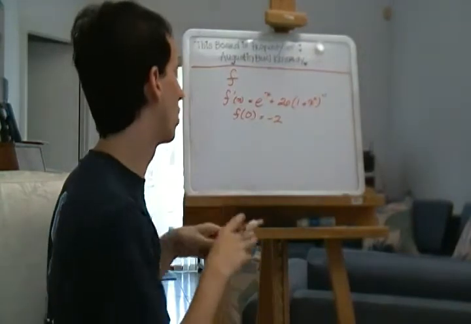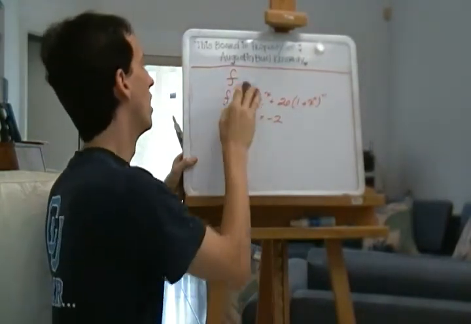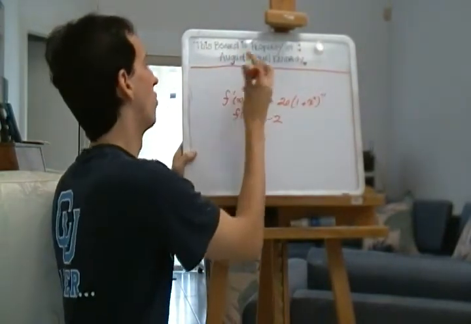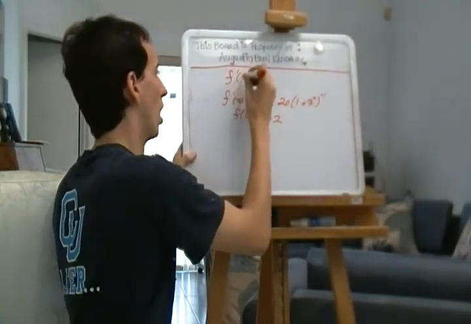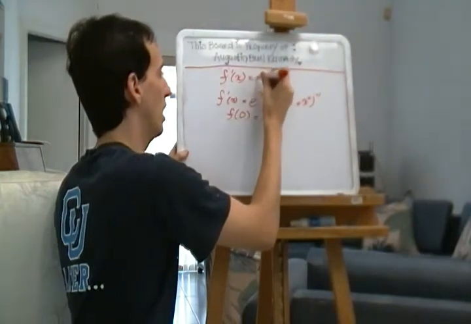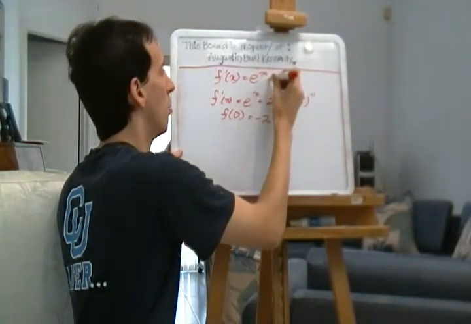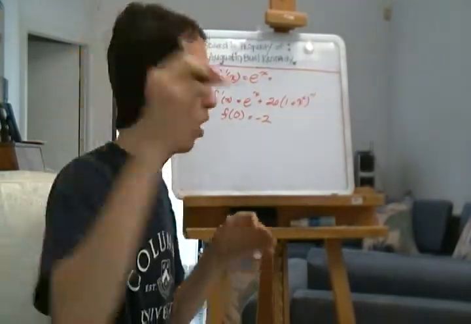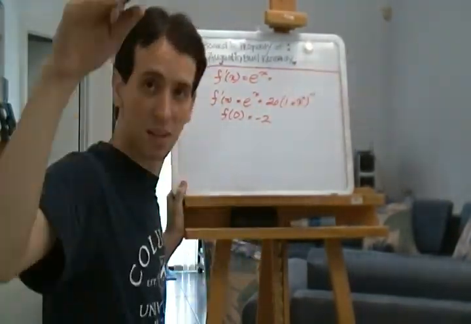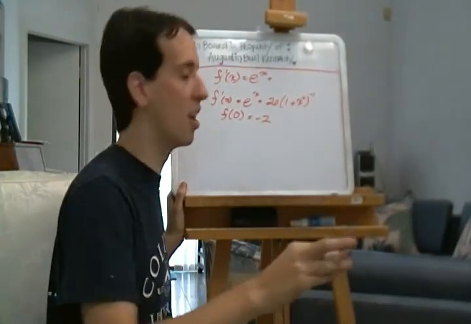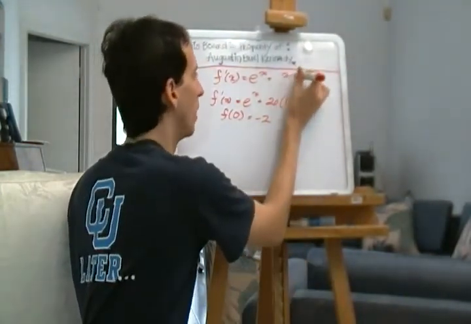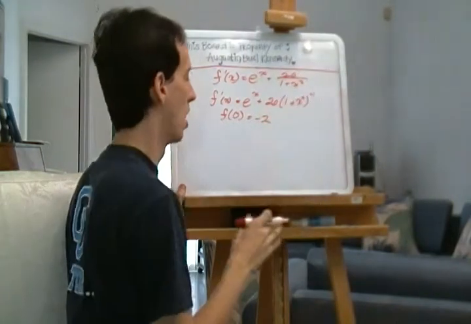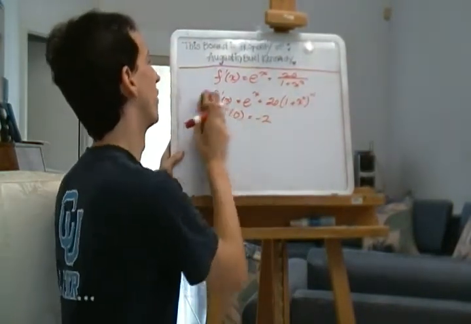Okay, so first thing we're going to do is rewrite this function. We're going to write f prime of x equals e to the x plus, 1 plus x squared to the negative 1 is just going to be 20 over that quantity. Because anytime you take something to the negative 1 power, you're putting it in the denominator. So 20 over 1 plus x squared, and that's our derivative.